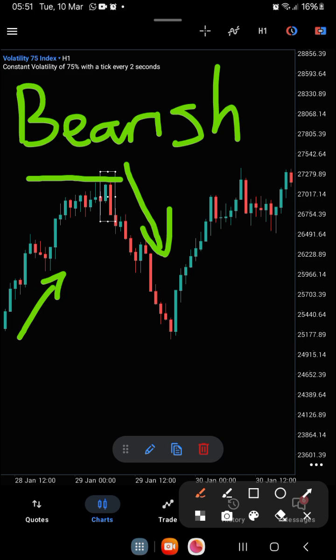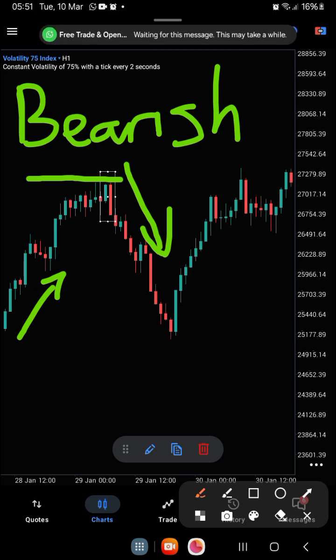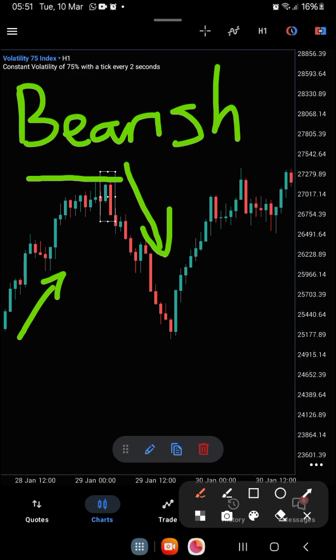engulfing candlestick pattern. Okay, so if you see a green candle followed by a red candle which is bigger than it, by the way, this engulfing thing applies to the bodies. Okay, so the previous candle body must be covered by this other candle body fully, which is why here we're saying what?